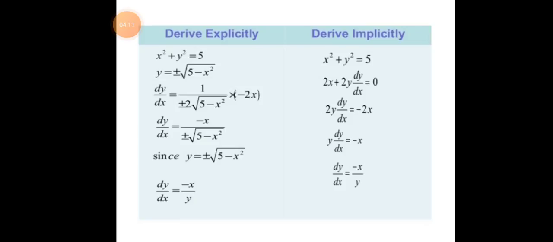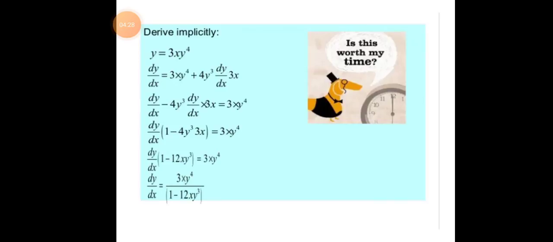Then y dy divided by dx equals negative x. Then dy divided by dx equals negative x divided by y. So this is the implicit way.